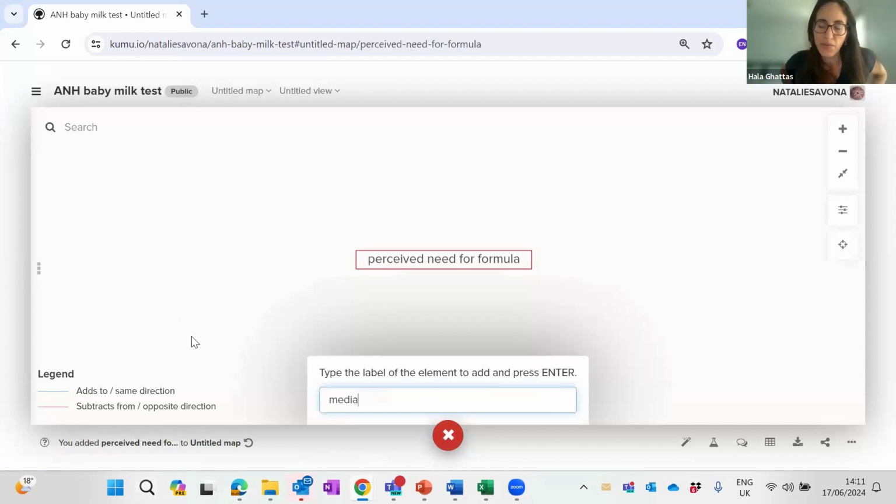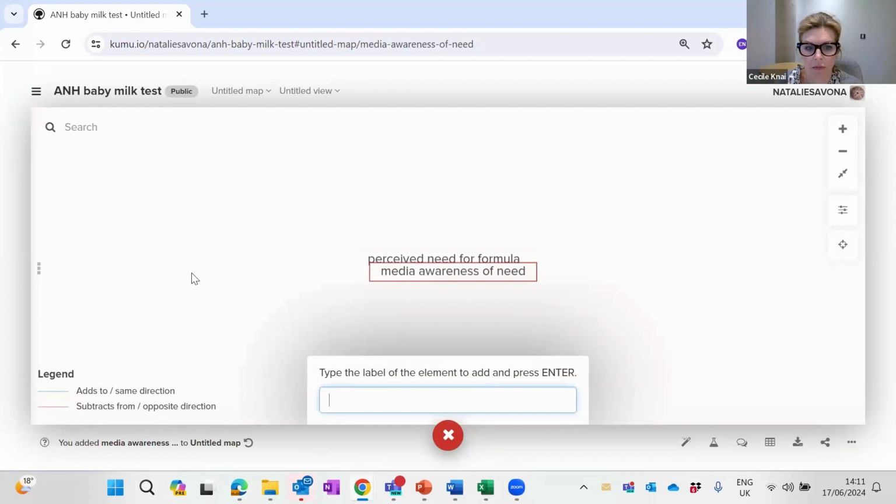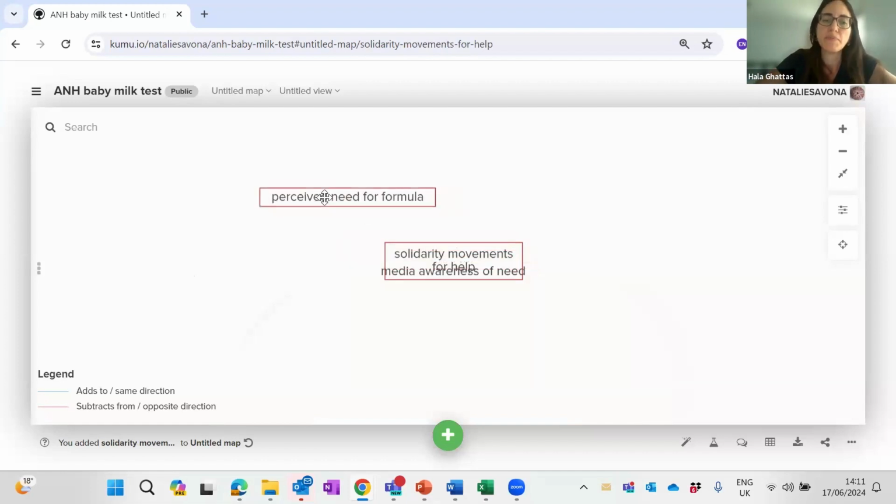There's also a movement of solidarity that tends to emerge in times of need and in times of crises. Solidarity movements, we want to help. How can we help? What do people need? They need milk. So this idea that there is a solidarity movement for help.